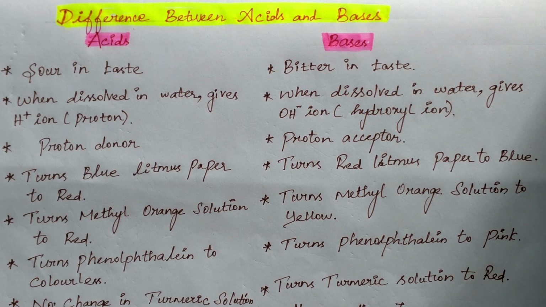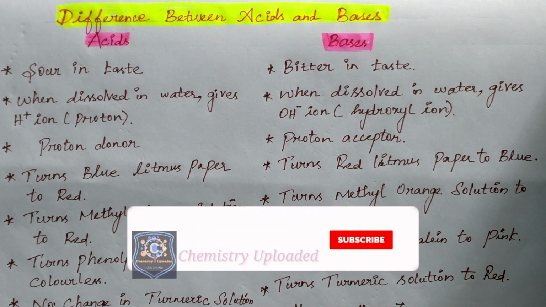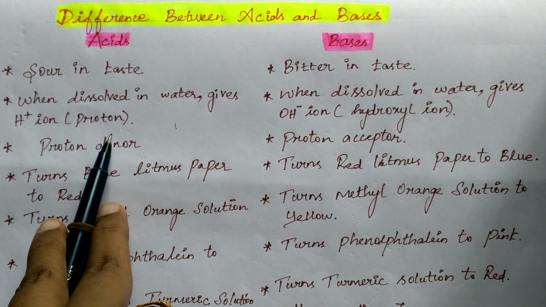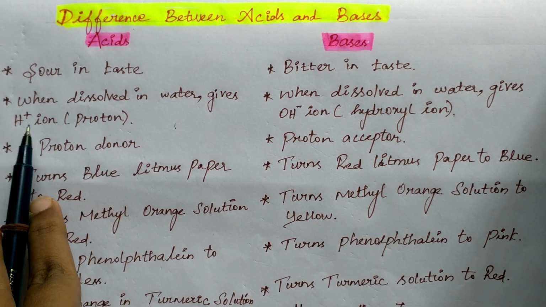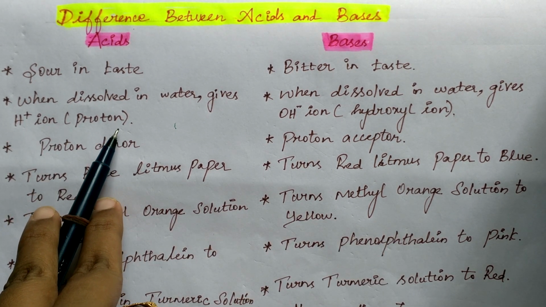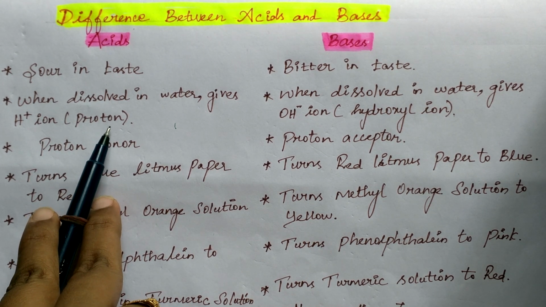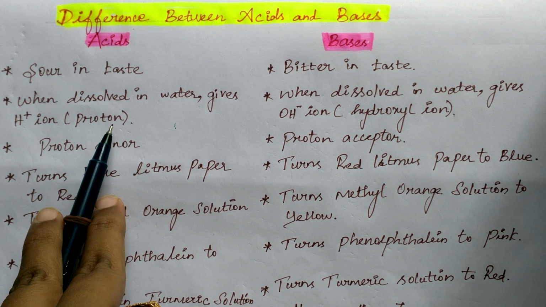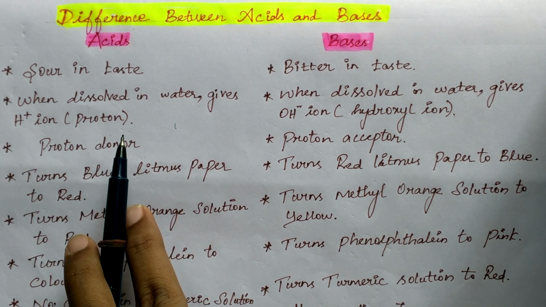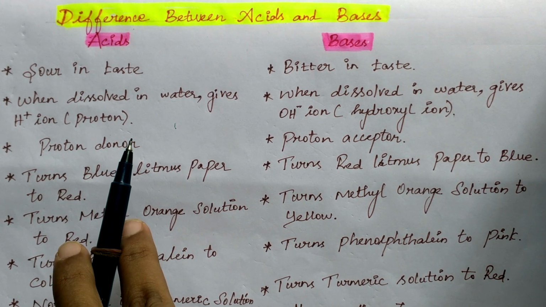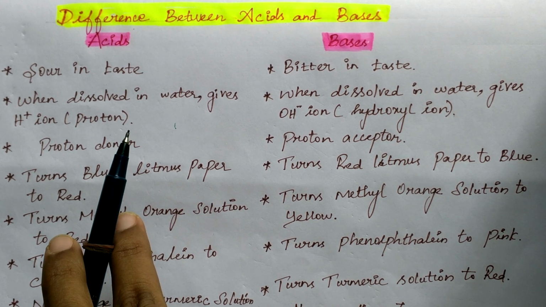but you should not taste the chemical compounds. Next important point: when dissolved in water, acids give H plus ions. These H plus ions are otherwise known as protons. This name you will usually use in organic chemistry in grade 11, but not for class 10. For example, HCl: if you dissolve HCl in water, it gives H plus and Cl minus ions.